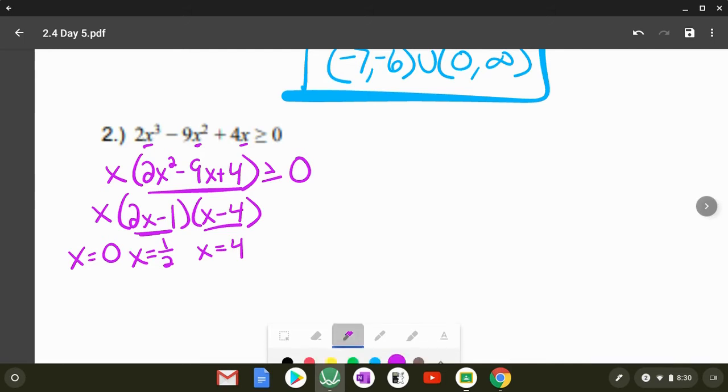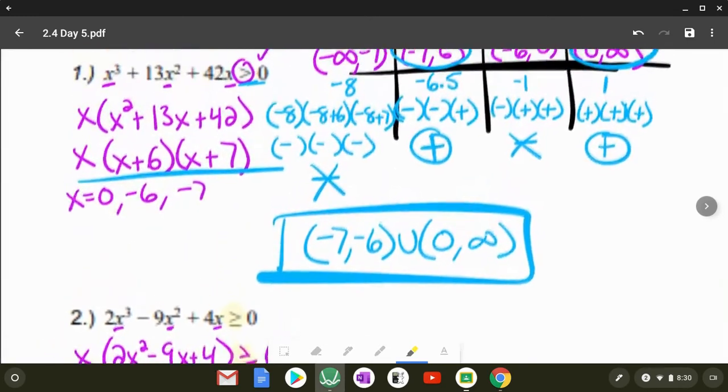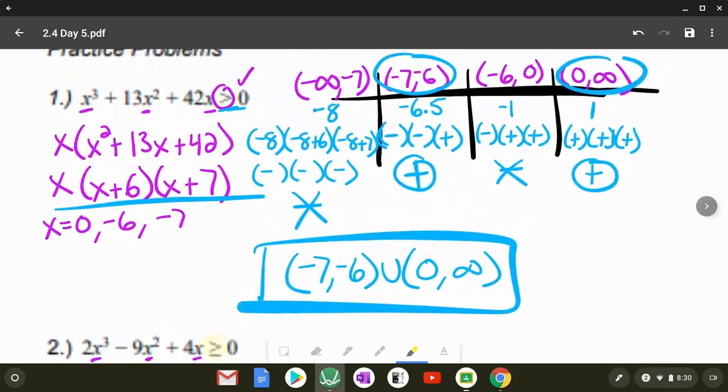But one thing to note here, and we're going to talk about this later when we write our final solution, is that because it is a greater than or equal to, these key numbers are actually part of our solutions. In the past, we've said that these key numbers are not part of our solutions. That's why we've had the parentheses. Actually, we should have made that note up here that x is not equal to.